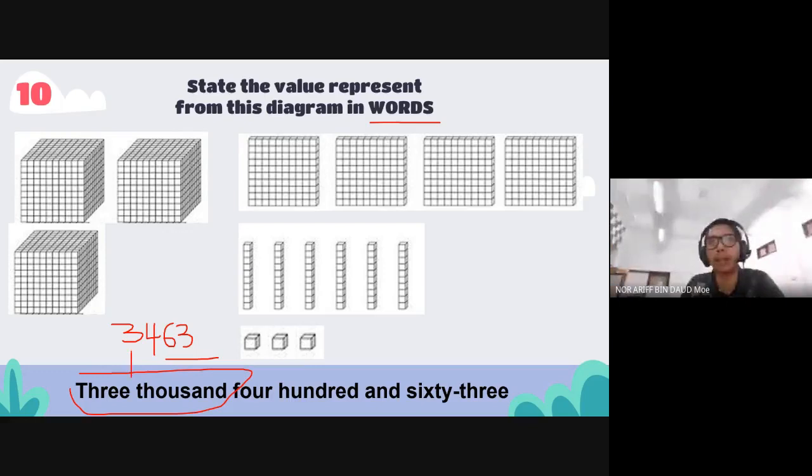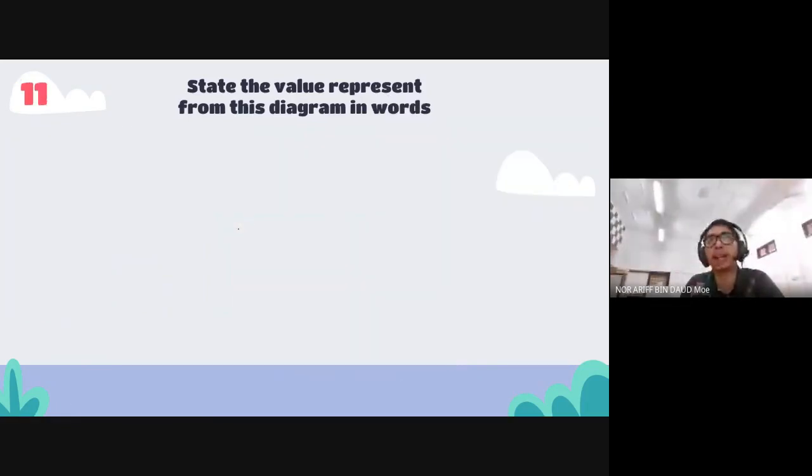Ini nampak. Okay, 400, number 4. And 63. 63 pergi dekat sini. So jawapan Valencia tadi betul. Okay, for the next slide. Still in words. Okay, the answer one in words.